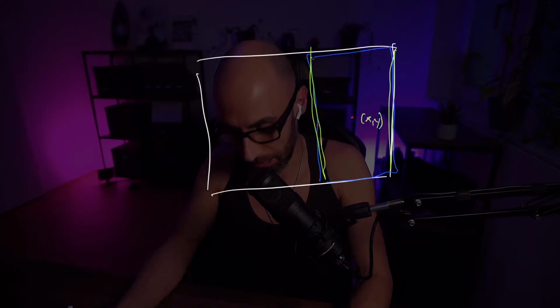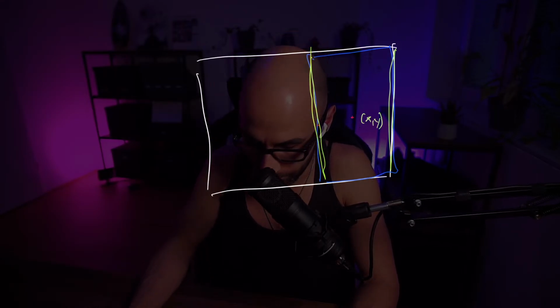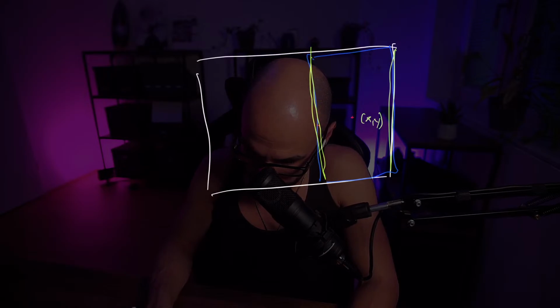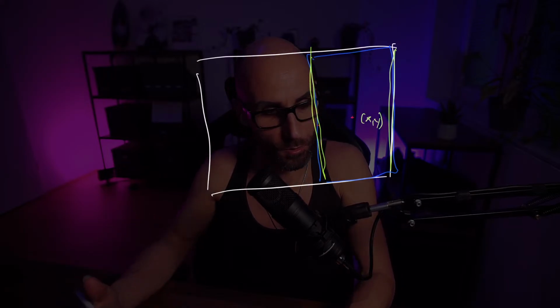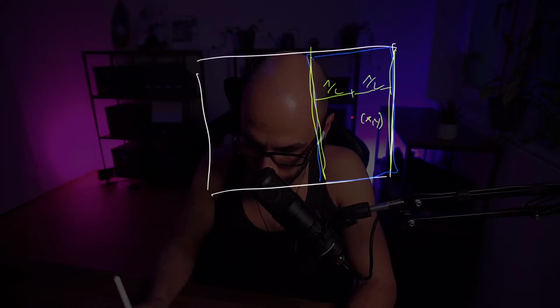So let's iteratively generate this algorithm, let's say. So we have this X, and in an ideal world, this point would be half of the width and also half of the width.